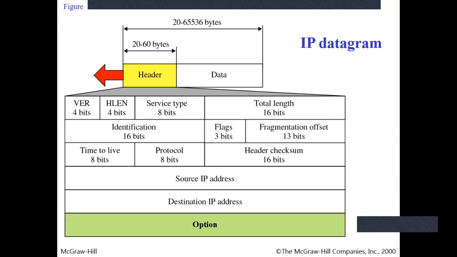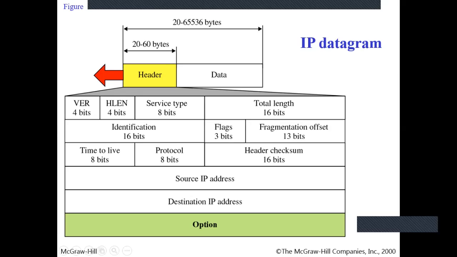So, if the option field contains its minimum value, which is 5, then 5 multiplied by 4 is equal to 20, which is the minimum length of the header. Here 20 comes from the value of the option field, and the measuring parameter of the header length is the 4-byte word. So 4 multiplied by 5 is equal to 20, which is the minimum length of the header.